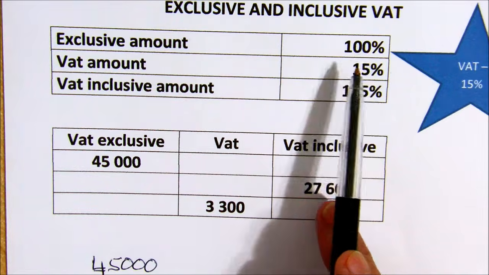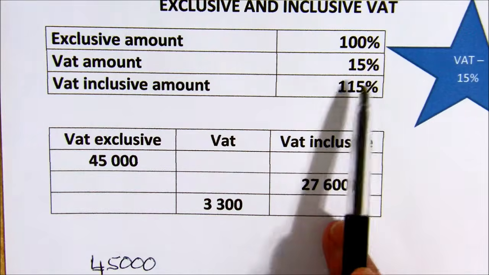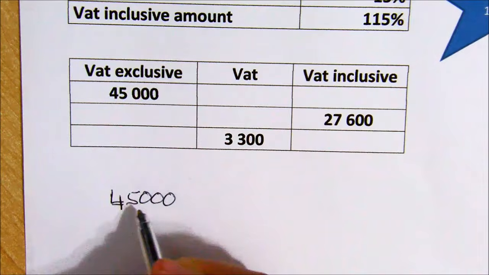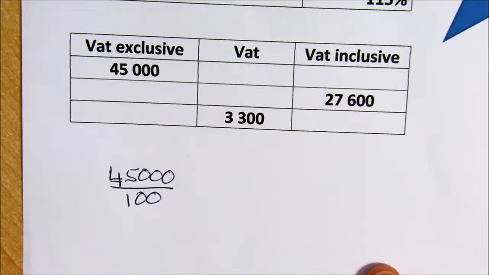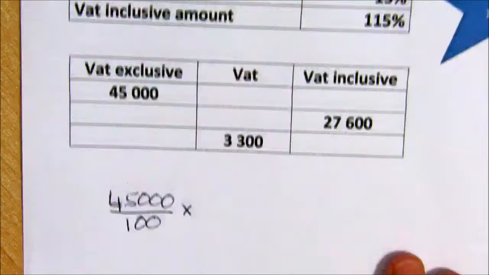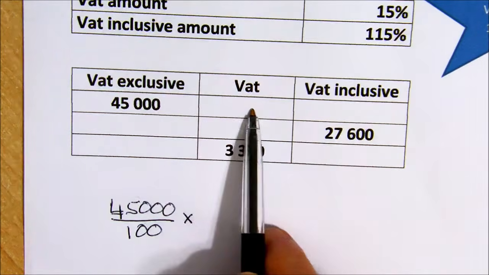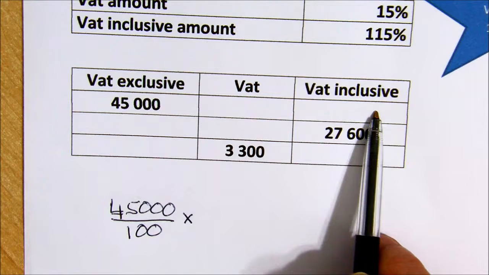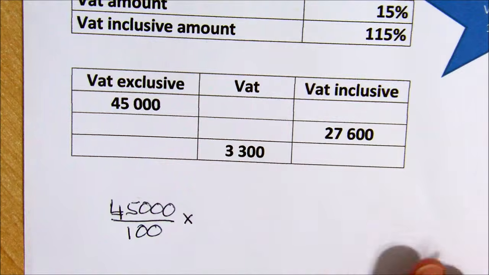You get the amount and then you add on VAT. So that's a secondary operation. So this 45,000 is equal to 100. So we divide it by 100. And then we multiply out, and what do we want? We can either multiply by 15 to get the VAT, or we can multiply by the 115 to get the inclusive. So let's do both now to start with.